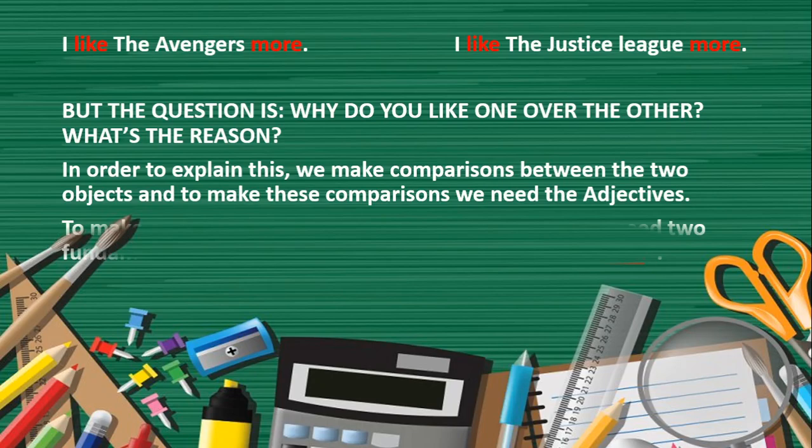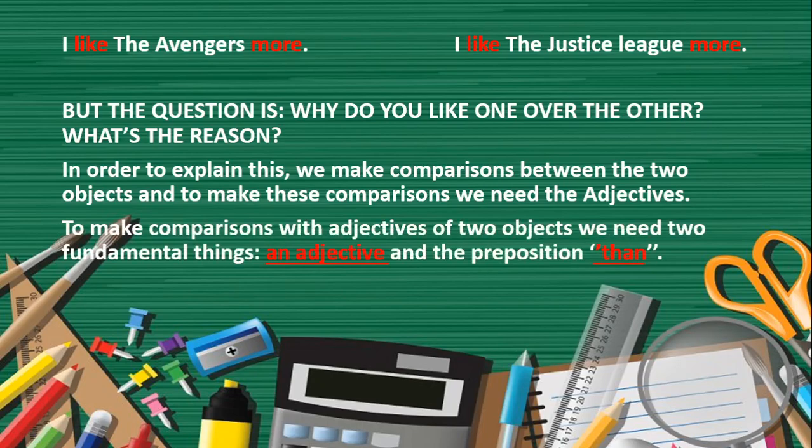So if we want to make comparisons with adjectives of two objects, because if you're making a comparison, you have to take two or more objects. But in this case, we are going to talk about two objects. To make a comparison with adjectives of two objects, we need two fundamental things.